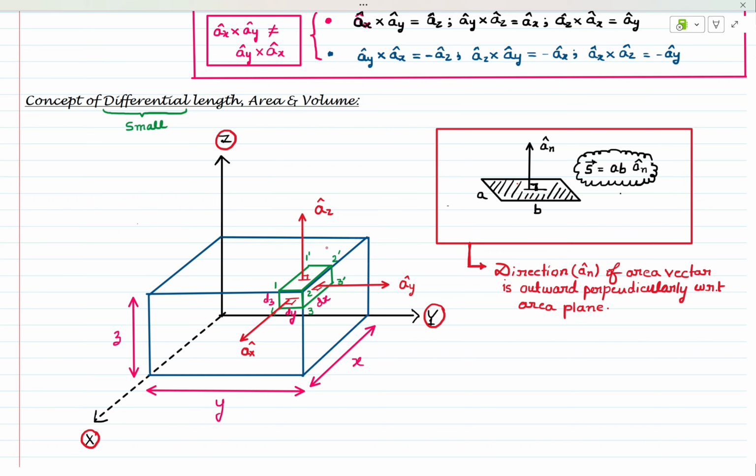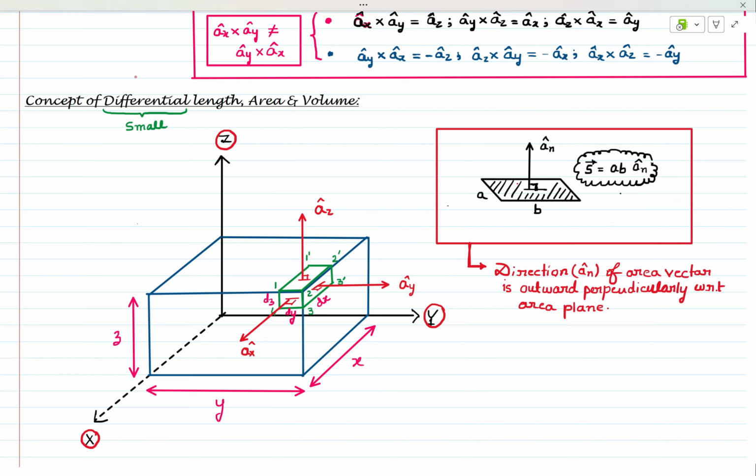Okay, now from here only I can talk about the differential length, area and volume. See, if I want to talk about the differential length, area and volume, we must consider a differential block, or a small block, inside this Cartesian coordinate system, because only a block under the Cartesian coordinate system must have a length, area and volume, three things.